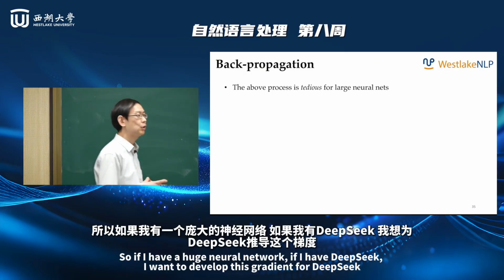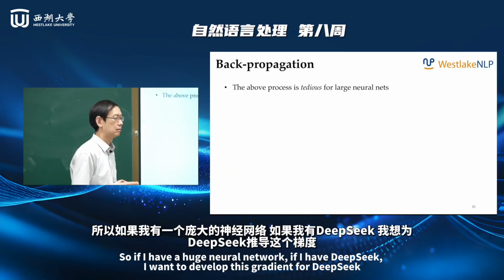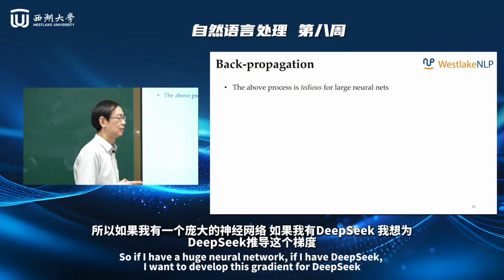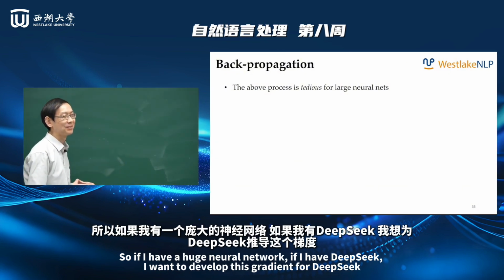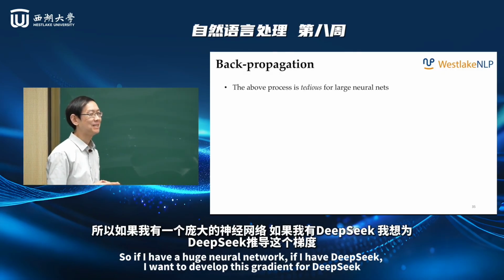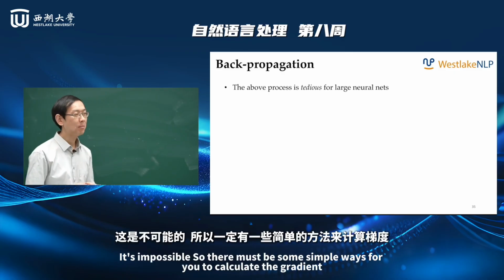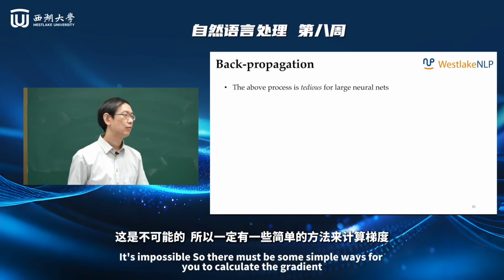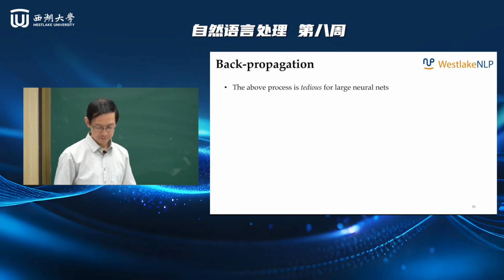So if I have a huge neural network, if I have DeepSeek, and I want to develop these gradients for DeepSeek, it's impossible, right? So there must be some simple ways for you to calculate the gradient.